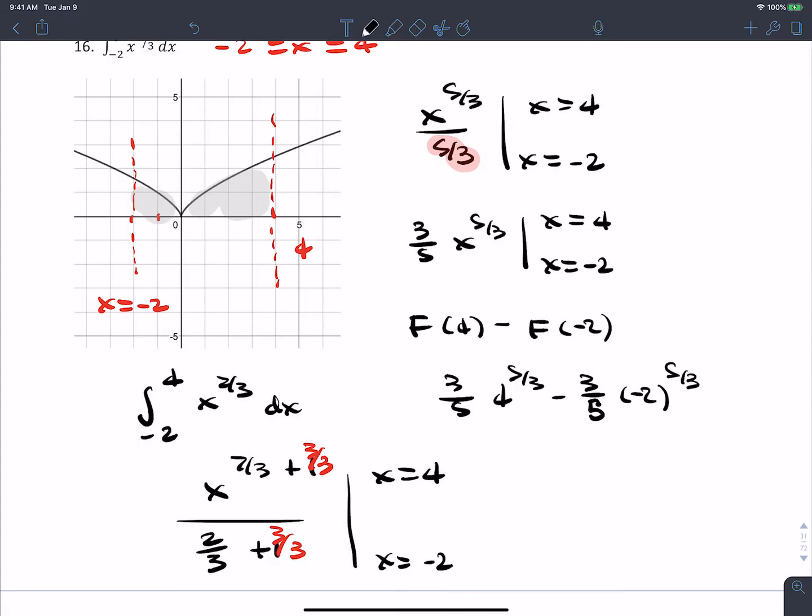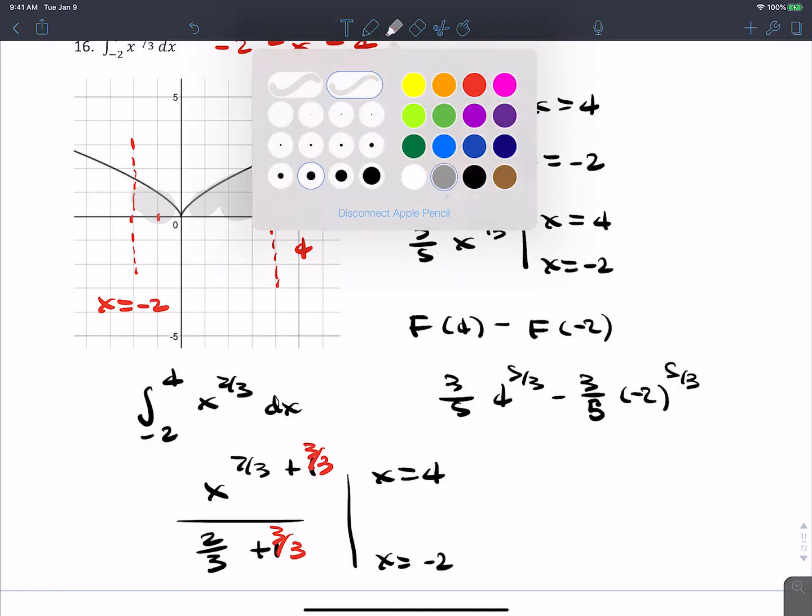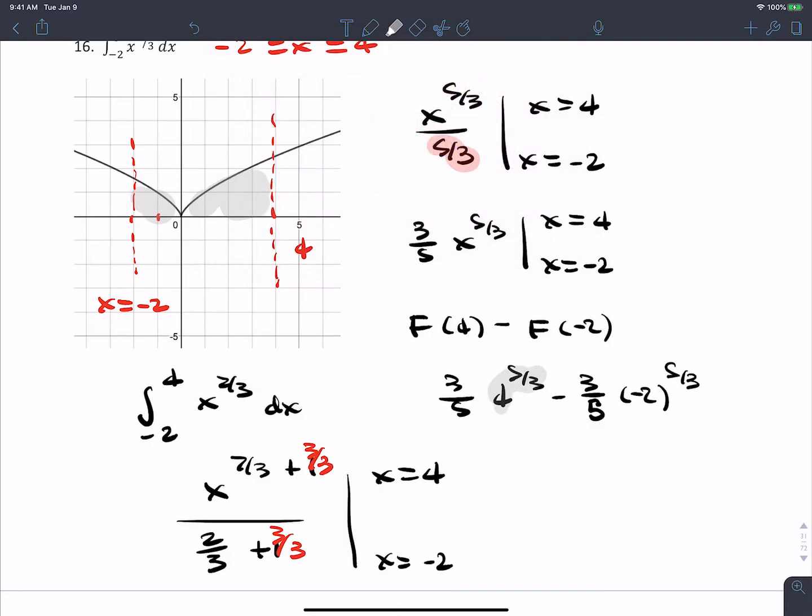So we're going to have to look at some details here. We could do a couple of things. Let me focus on this here. You see 4 to the 5/3 and negative 2 to the 5/3? How are we going to write this? First of all, notice you could take cube roots of negatives, right? They're defined.